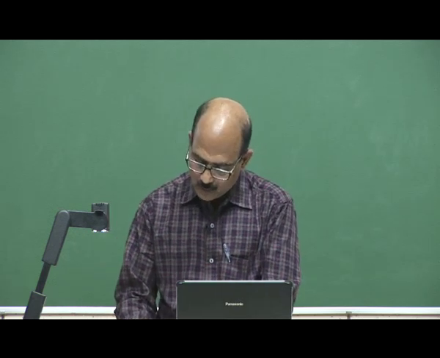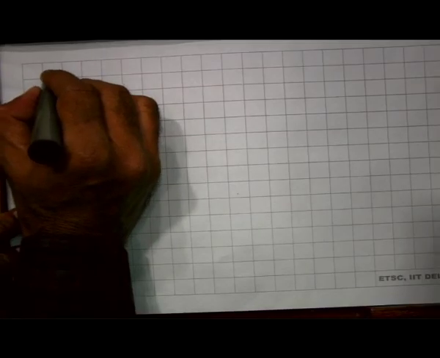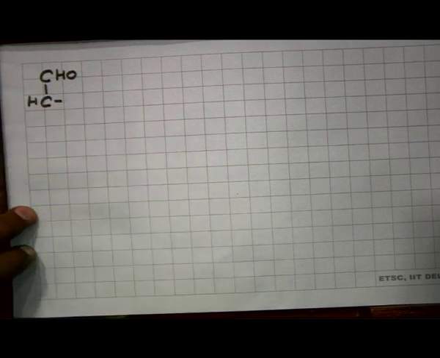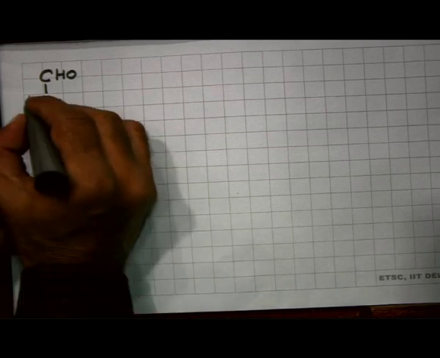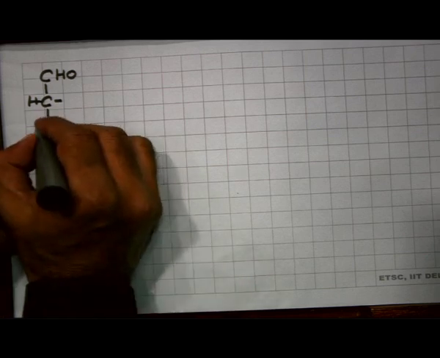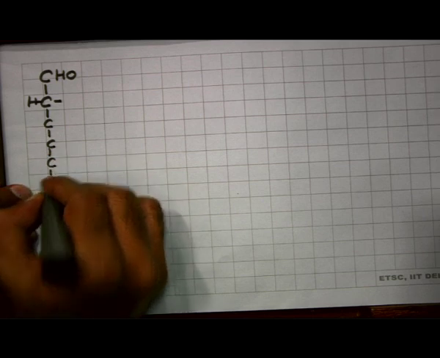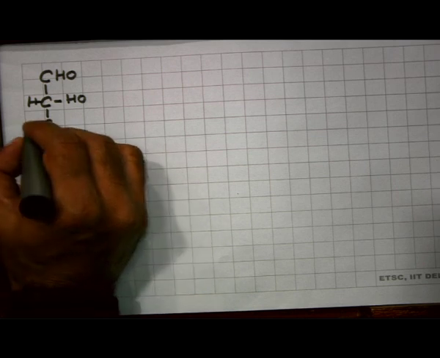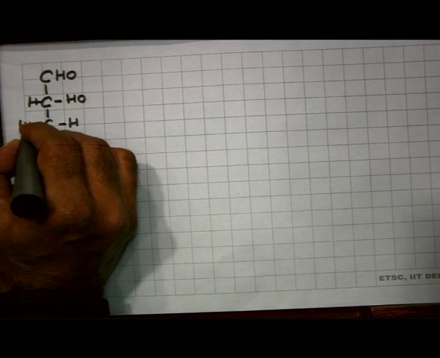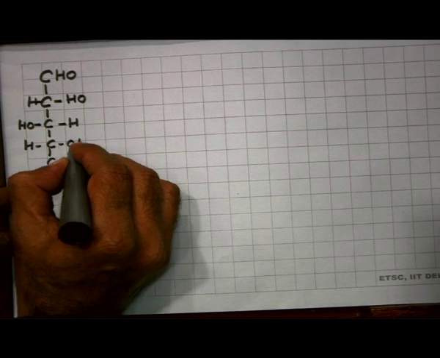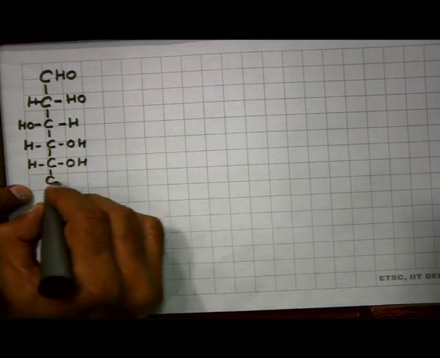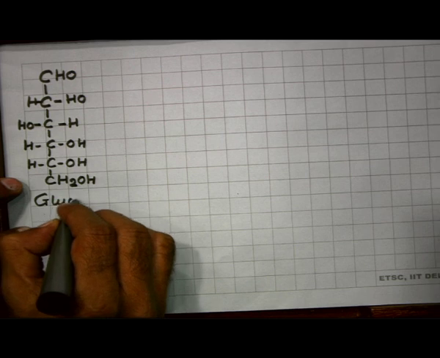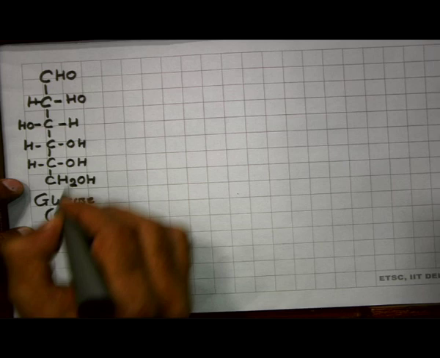So, we know that the glucose molecule is an aldehydic molecule made of 6 carbons. So, from the examination point of view, it is easy to write the 6 carbons first: 1, 2, 3, 4, 5, 6, and here the arrangement of H and OH, H and OH. At the 6th carbon there is CH2OH. So, this is glucose, a 6 carbon compound, in the aldehydic form.